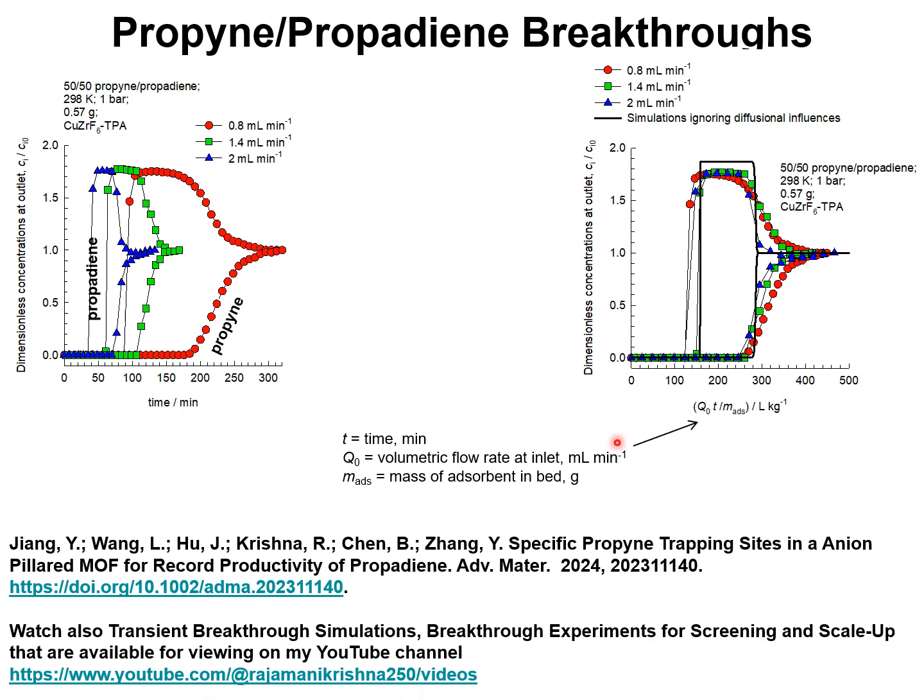So the important messages to take home from this advanced materials paper is that copper zirconium hexafluoride TPA is a viable MOF for selective adsorption of propyne to produce purified propadiene at a record productivity.